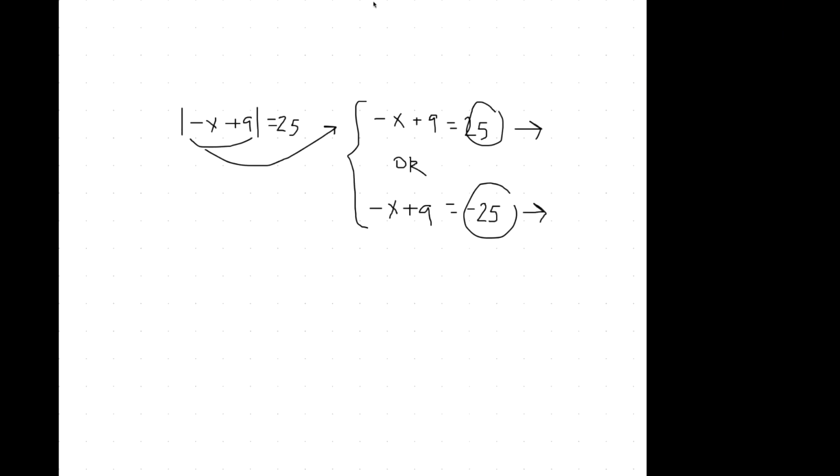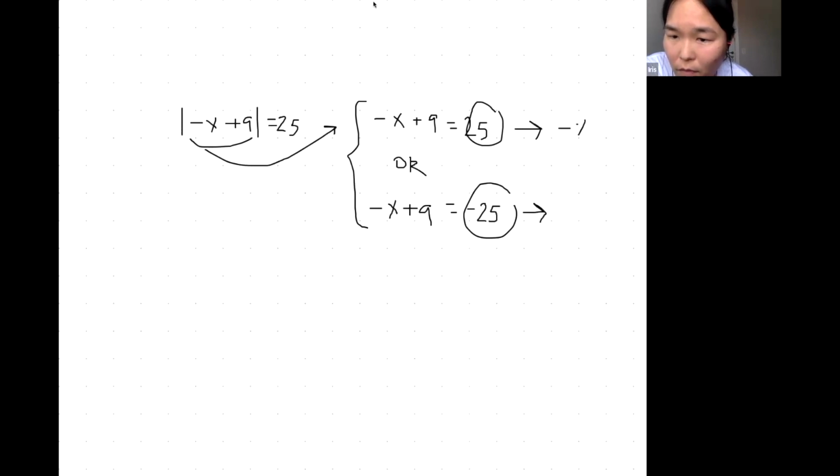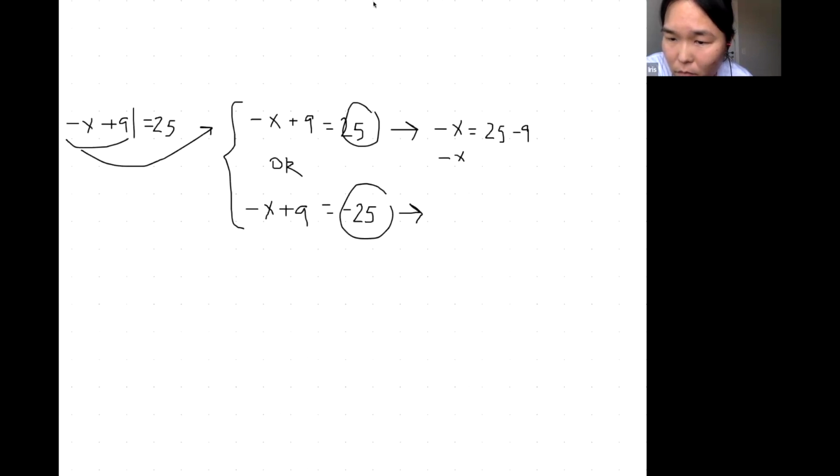If negative x plus 9 equals 25, then negative x equals 25 minus 9, so negative x equals 16. Here you multiply everybody by minus 1, so you get x equals negative 16. That's one solution.